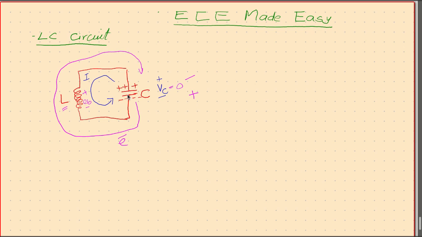So electrons from here, even after this became electrically neutral, continued to be pumped out because of this magnetic field, and hence only excess protons remain here and excess electrons are here. So the polarity of this capacitor gets charged again, but in the opposite direction. Now we get again equal charge in the opposite direction.